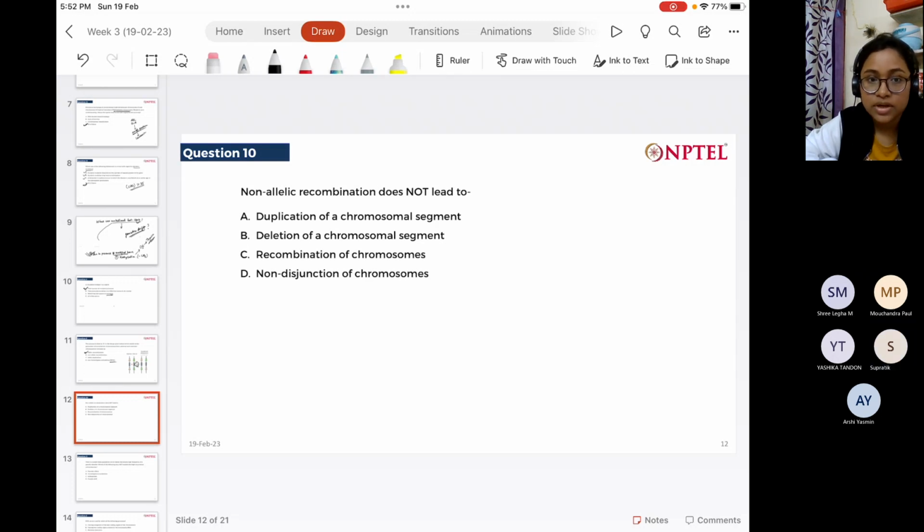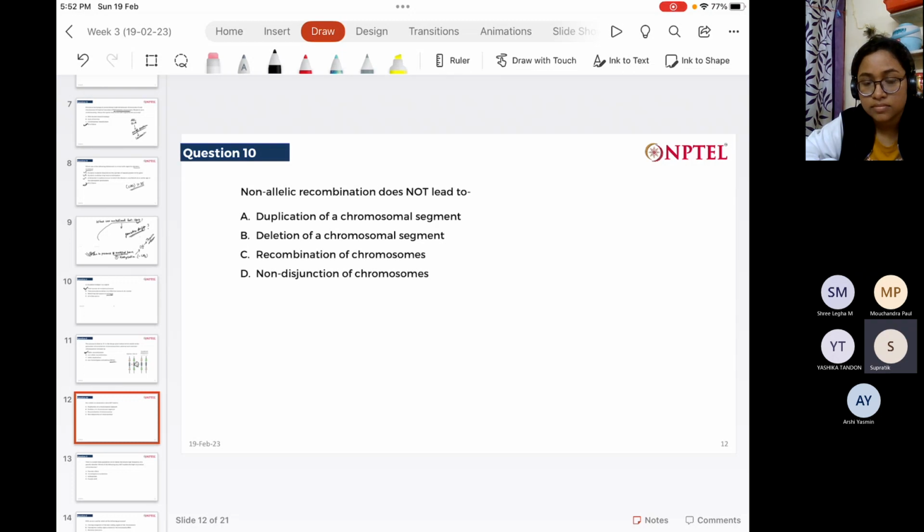Option C. Okay. Why do you think option C is correct? Recombination is happening, right? If I check all the options, duplication can happen in case of non-allelic recombination, and deletion can also take place. Non-disjunction also is a major part of various translocation events, I think.